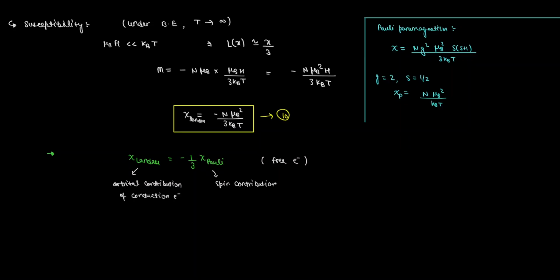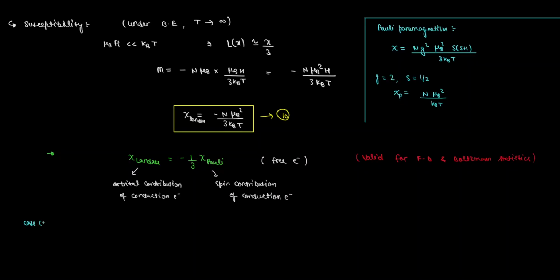Hence we get a remarkable result that, except the negative sign, the diamagnetism is just 1/3 of the spin paramagnetism. This result also holds for Fermi-Dirac as well as Boltzmann statistics, but it is very difficult to show, so we will skip that.